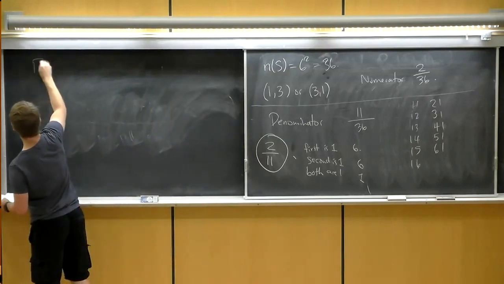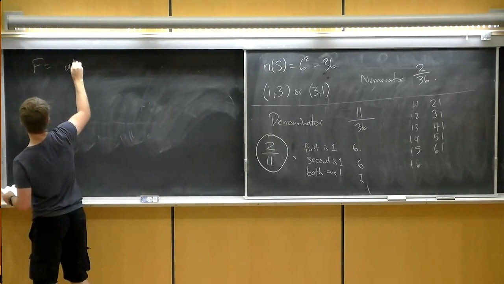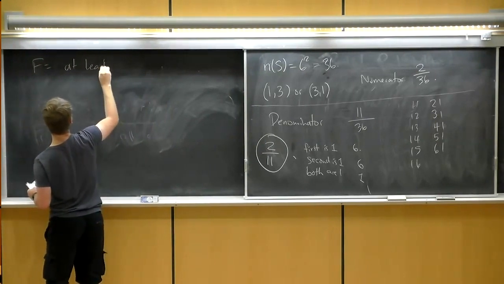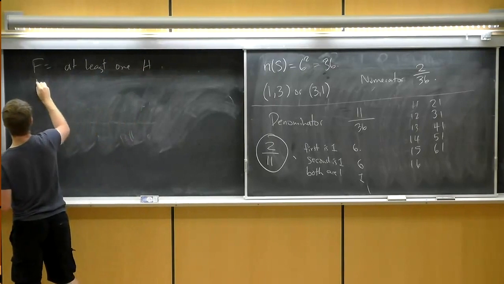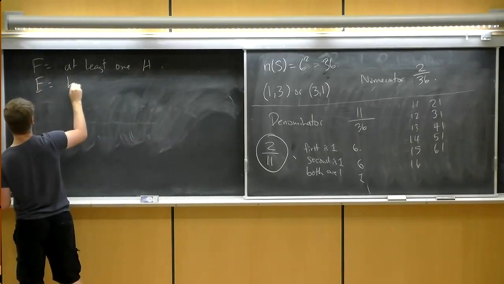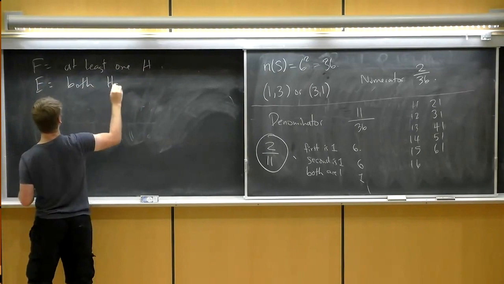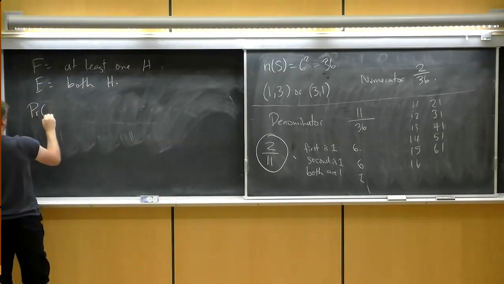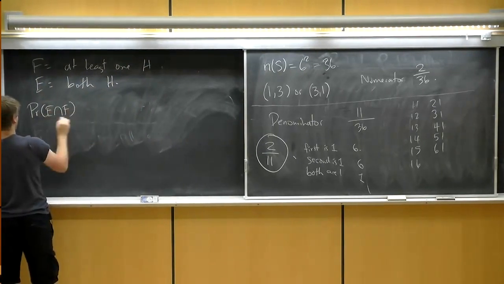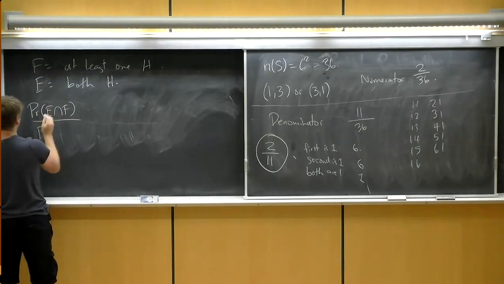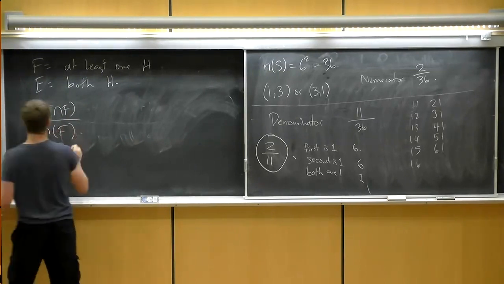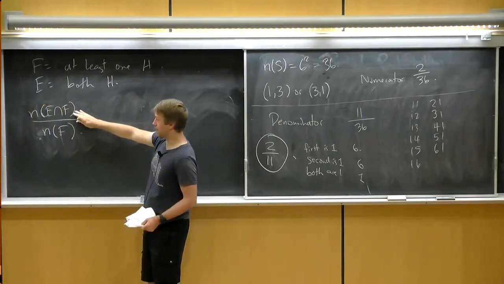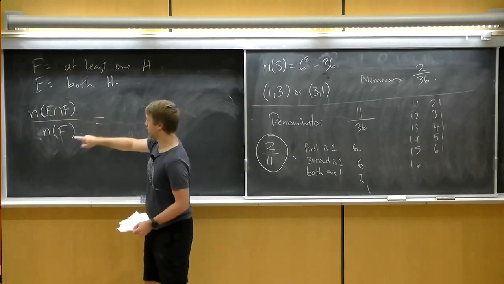So to quickly do it, let F be the event at least one head. E is the event that both are heads. Let's say all the outcomes are equally likely, so we can use our formula from over there. Number of ways you can get both of these happening over this.